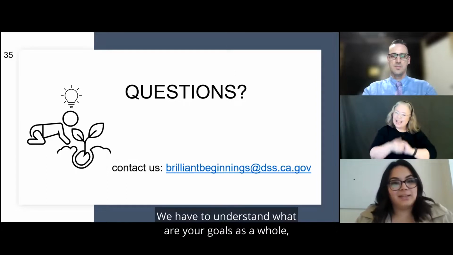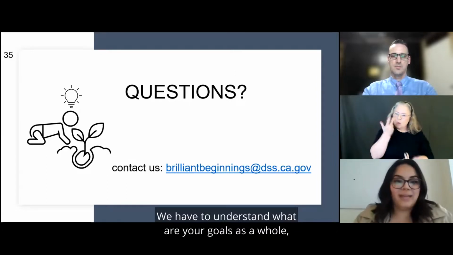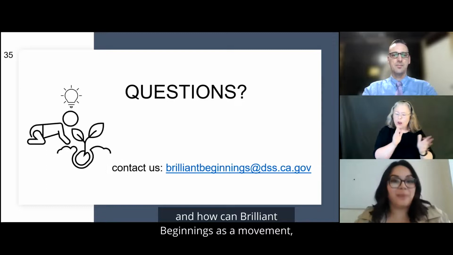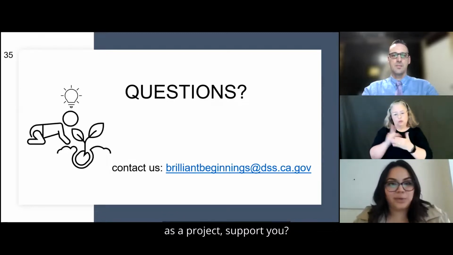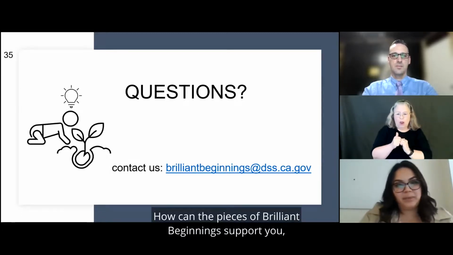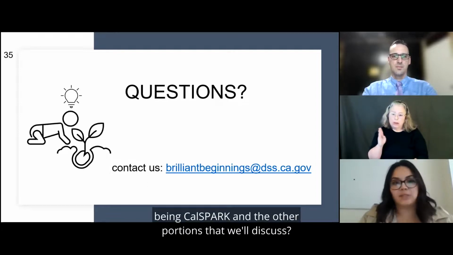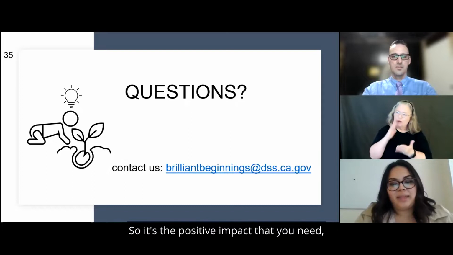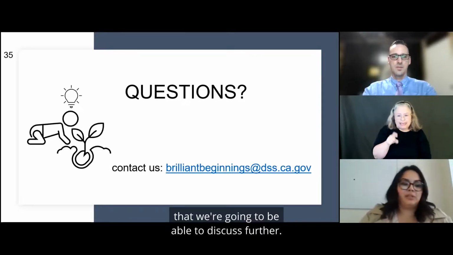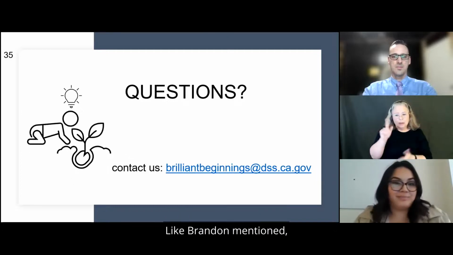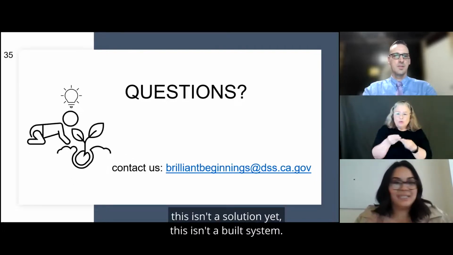Now, for the explanation of the long-term goal, it's within that collaborative space. We have to understand, what are your goals as a whole, and how can Brilliant Beginnings, as a movement, as a project, support you? How can the pieces of Brilliant Beginnings support you, being Calspark and the other portions that we'll discuss? So it's the positive impact that you need that we're going to be able to discuss further. Like Brandon mentioned, this isn't a solution yet. This isn't a built system.